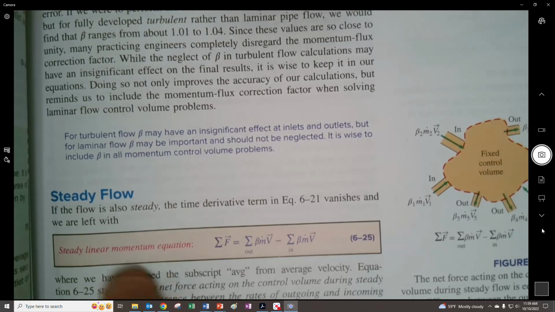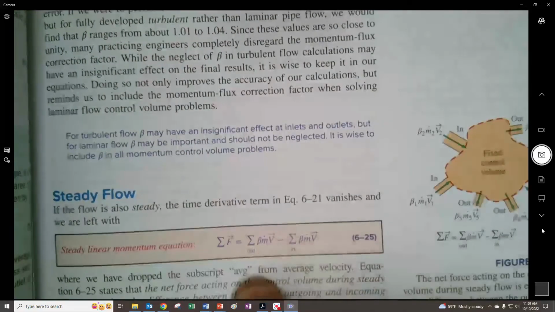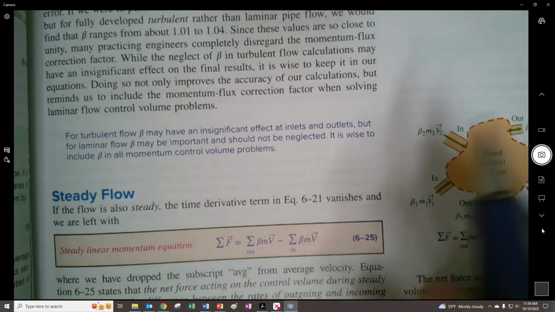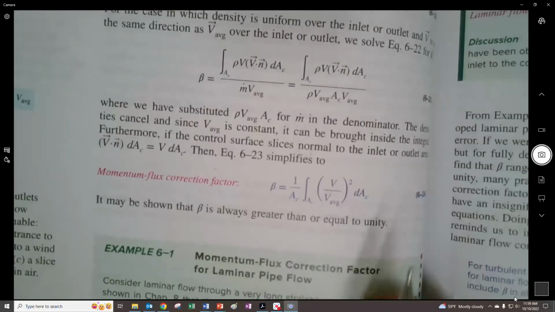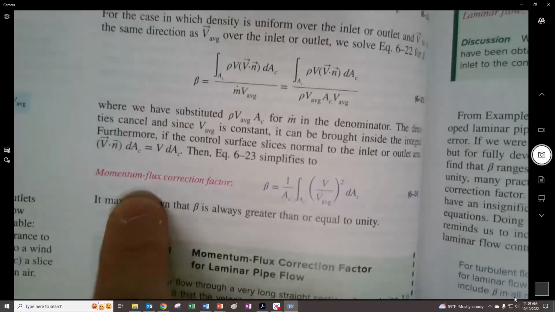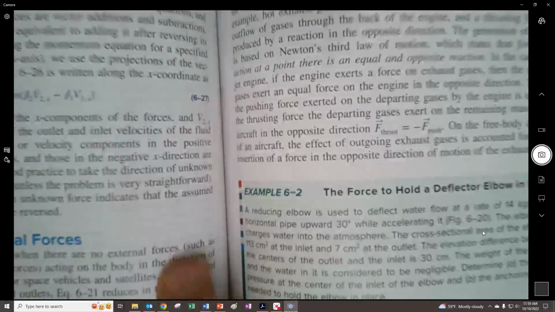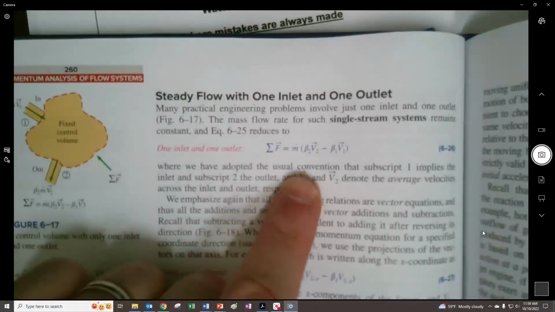So this is a steady linear momentum equation, and these are the velocities with the average velocity, and we have these beta, which is described right over here, the momentum flux correction factors. So there you go. A lot of times it'll be looking like this for problems. So let's do some examples.